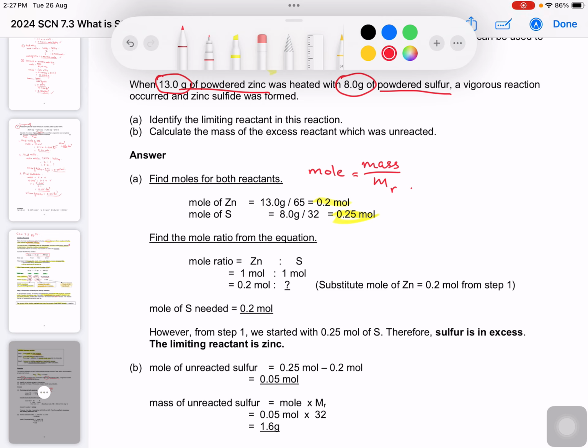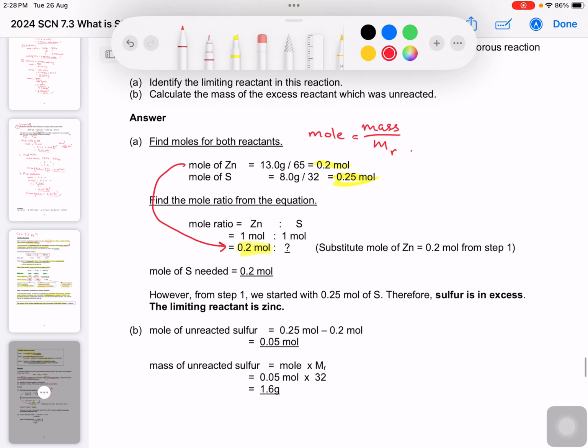The mole ratio will be 1:1. But now we're going to substitute the 0.2, the smaller one, into here. Then how much sulfur will be needed? We only need 0.2 moles of sulfur.